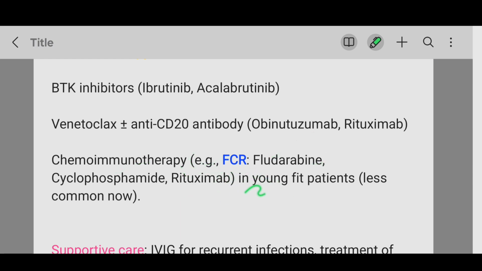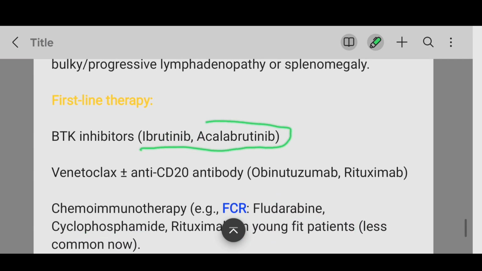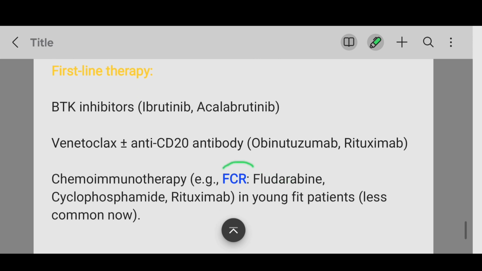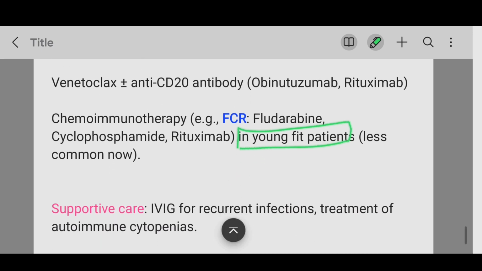Now ibrutinib, acalabrutinib and venetoclax plus rituximab are used as first line, while FCR is used second line or in young fit patients.